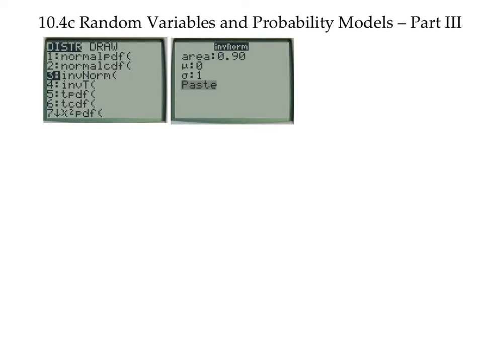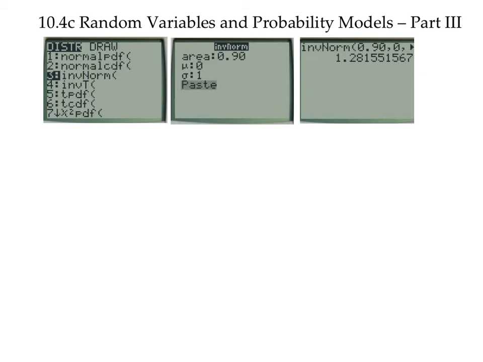So when they say, what's the area, for instance, in this one, and I'm saying 0.90, I'm finding, in a standard normal distribution with a mean of 0 and a standard deviation of 1, where would those people lie who are within the 90%, starting at the left tail, which technically is negative infinity? So let's take a look at the next screen.